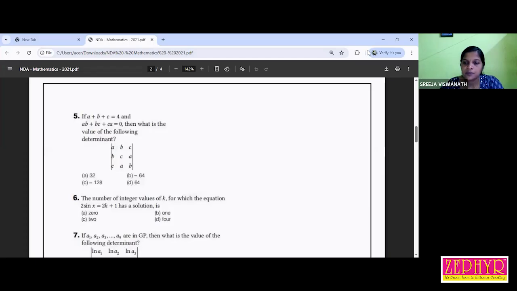Everyone try. Given the determinant with rows ABC, BCA, CAB.